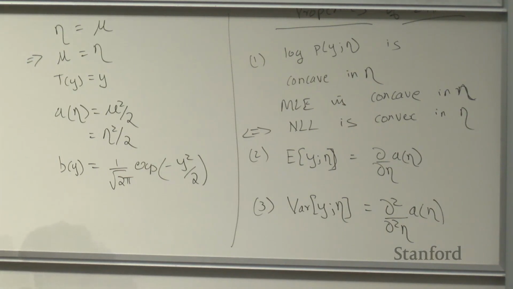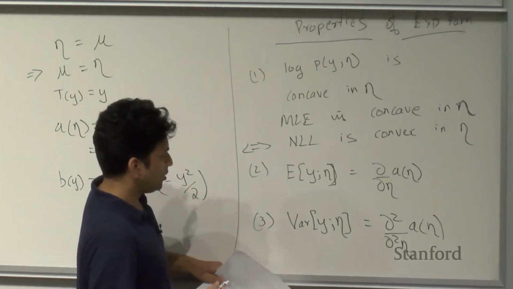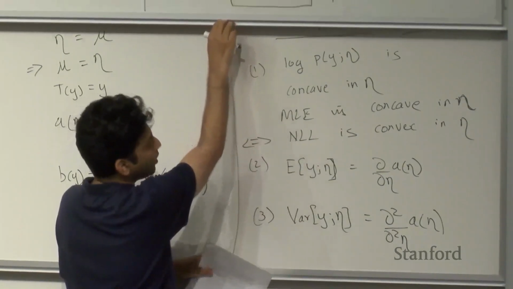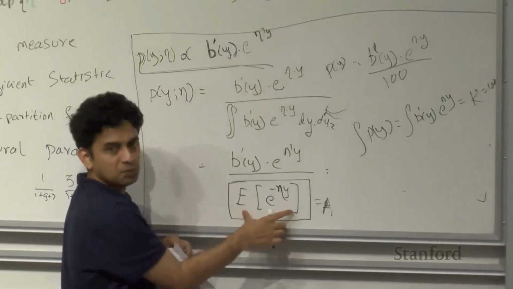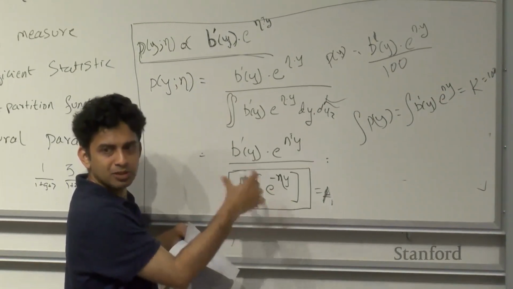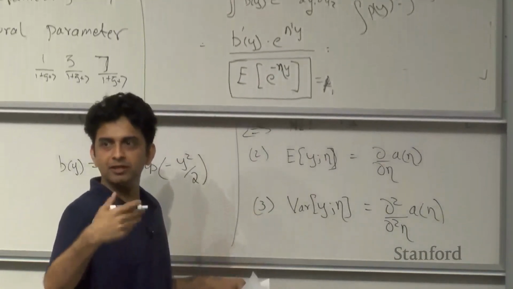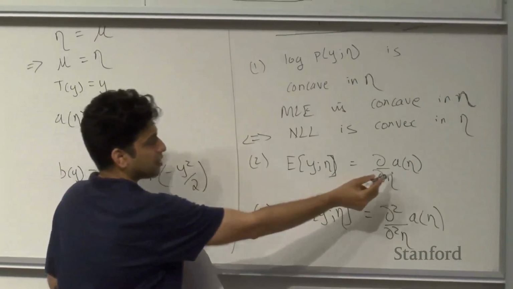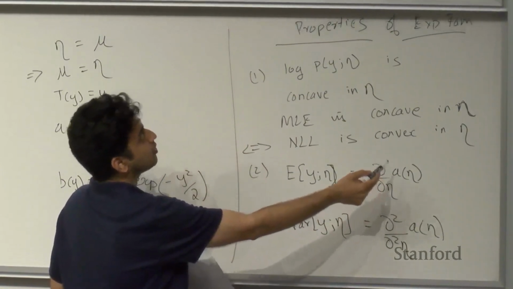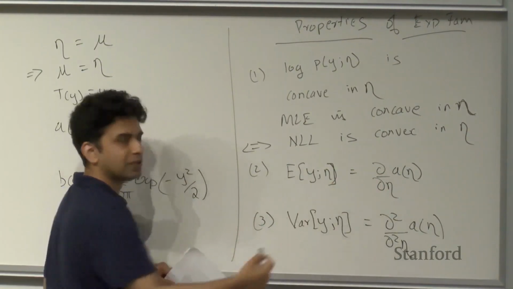This should not be so surprising when we see the fact that the log partition function came from the moment generating function, right? And the moment generating function has the property that as you keep taking derivatives, it keeps generating the moments of the distribution. So the first derivative of the log partition function, which is also the log moment generating function, gives the first moment. The second derivative gives you the second moment, and so on.